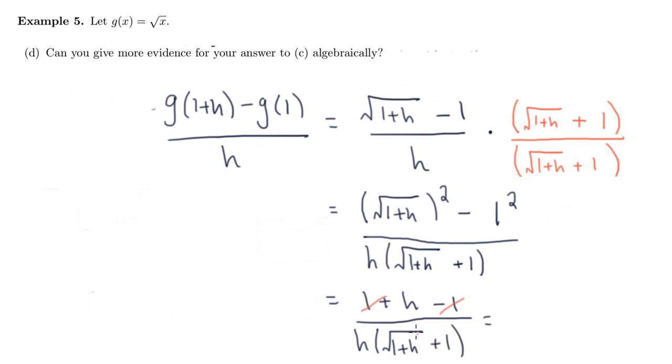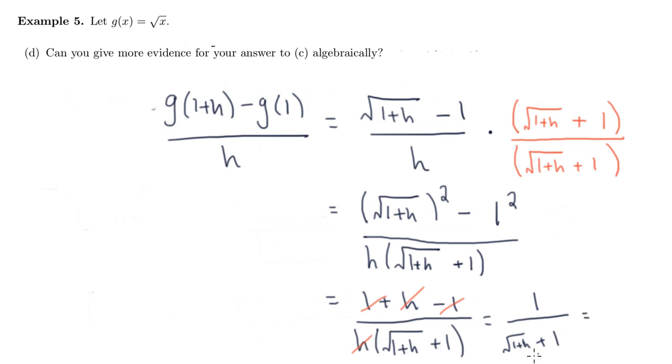And then I have an h divided by an h. And remember, I'm thinking about h just being a small number, not equal to 0. So that cancels. So I'm actually just left with 1 over square root of 1 plus h plus 1.